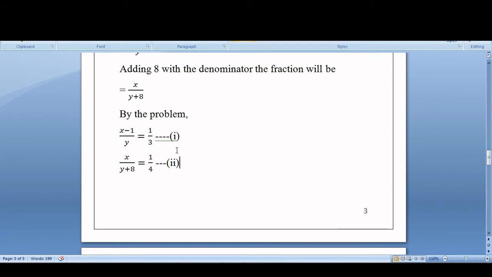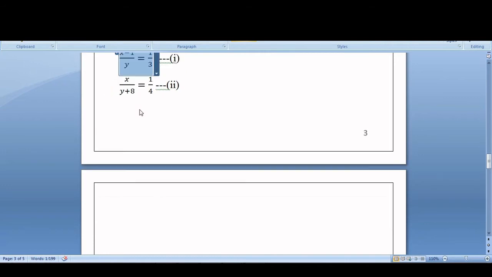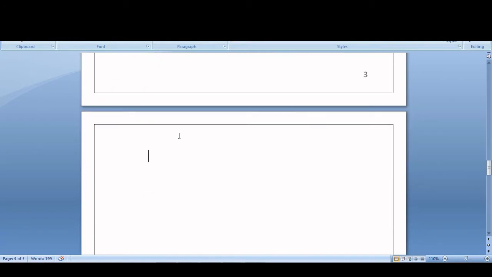At first, what we can do, we can simplify equation 1 and equation 2 more precisely. Now just simply cross multiply first. So it will be 3 multiplied by x minus 1 equals y.